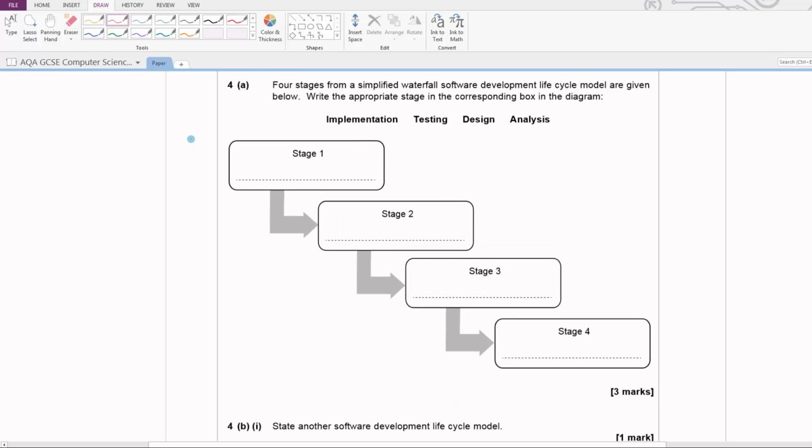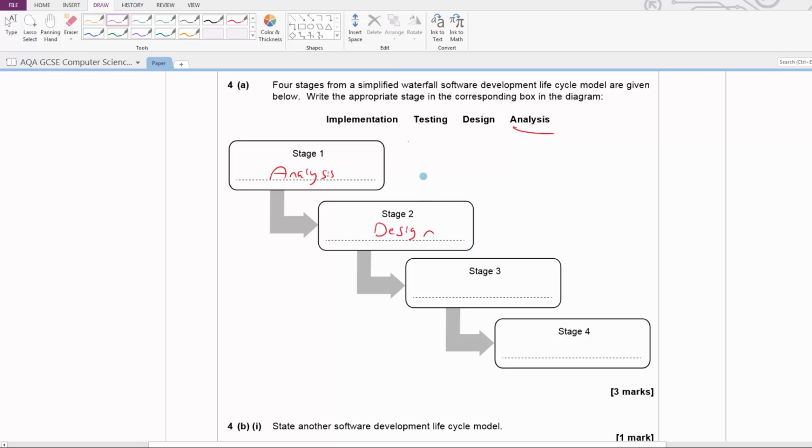So stage 1, we've been given these 4 options here. So the very first one is analysis. We have to analyze the requirements of the software. So this is when we sort of discuss what the end user needs. The second stage is the actual design. So we are designing it based on the analysis, which was in stage 1.